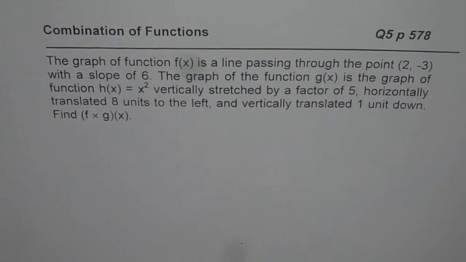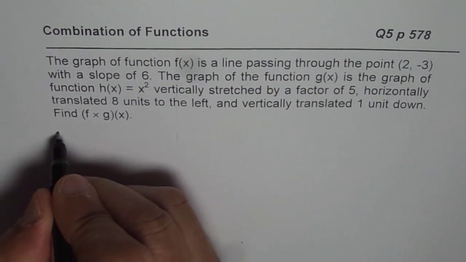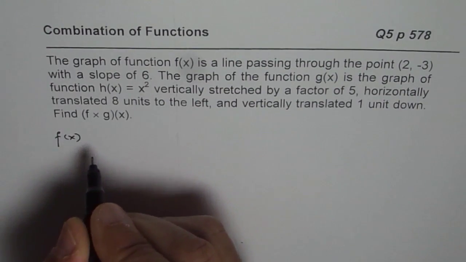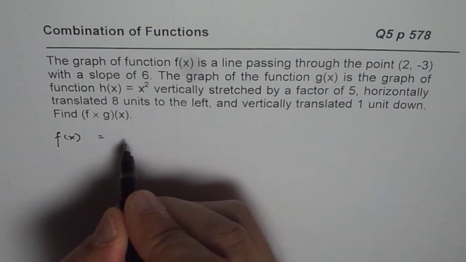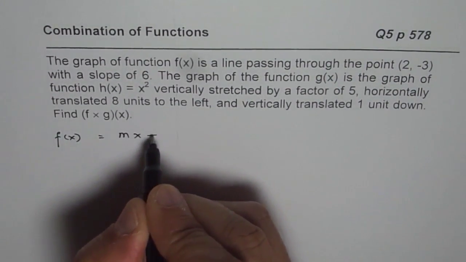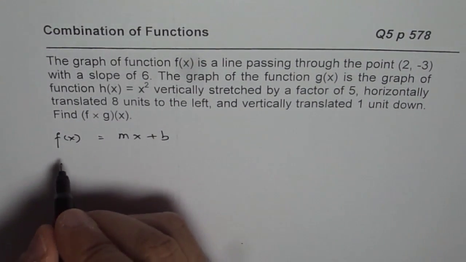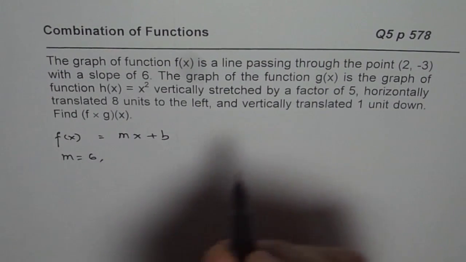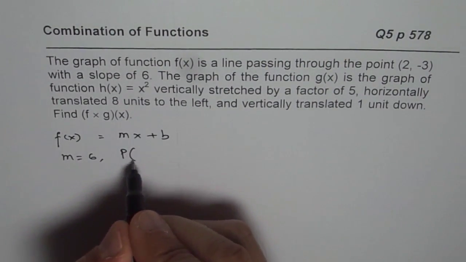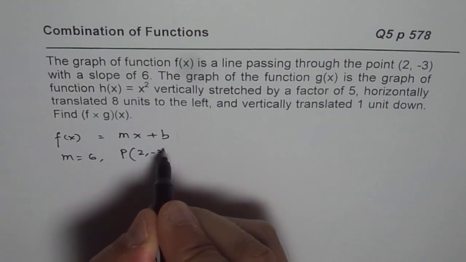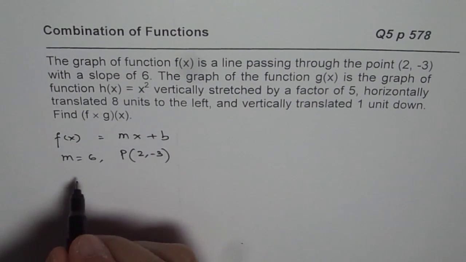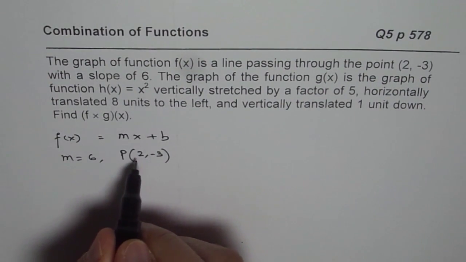So the first step is to find the functions themselves. So f of x is a linear function, right? So we could write f of x in the form f of x equals mx plus b. Now we are given it has a slope of 6, so m equals 6, and it is passing through the point, let's say P, (2, -3). So we can rewrite this equation as y value of -3, x of 2.